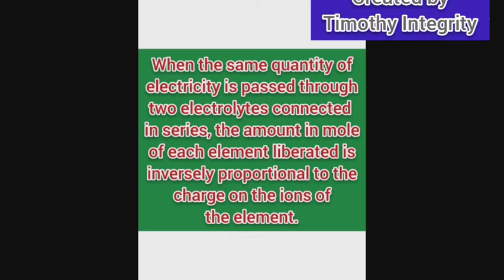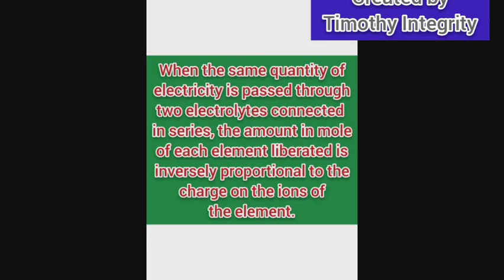When the same quantity of electricity is passed through 2 electrolytes connected in series, the amount in moles of each element deposited is inversely proportional to the charge on the ion.